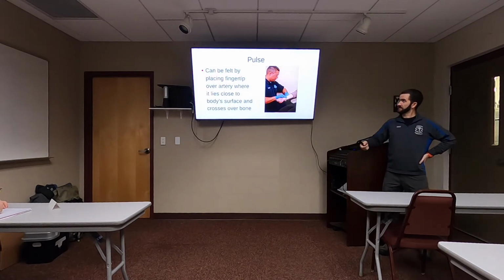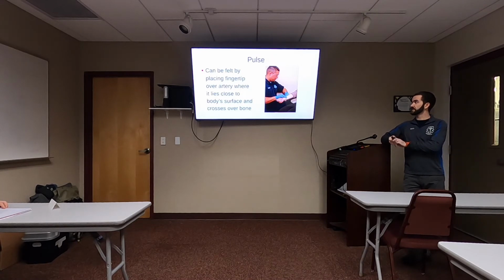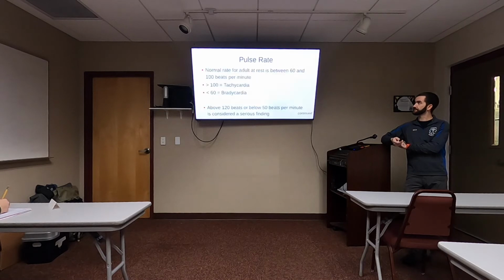So pulse can tell you quite a bit. Again, we're just going to squeeze an artery where it lies over a bone. When you do it with your fingertips, you can get not just the rate, but kind of how strong it is.